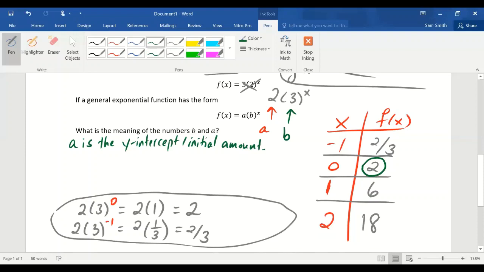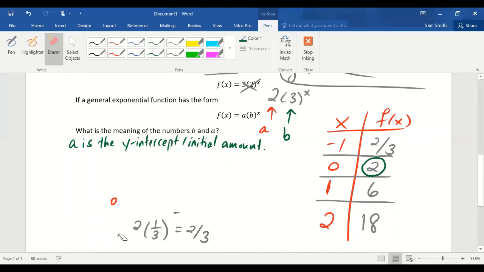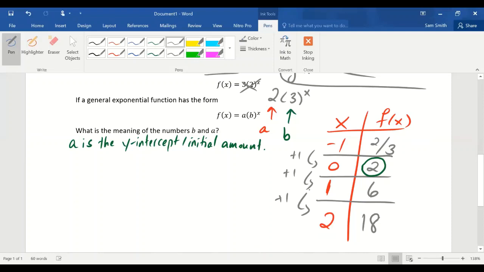But this time, where does B show up? Where are you seeing a 3 in this problem? Well, notice this time, unlike before, when x is increased by 1 unit, when we move 1 space down this table, something consistent is happening to the outputs, but this time we're not adding a consistent amount. 2 to 6, I would have to add 4. 6 to 18, I would have to add 12.